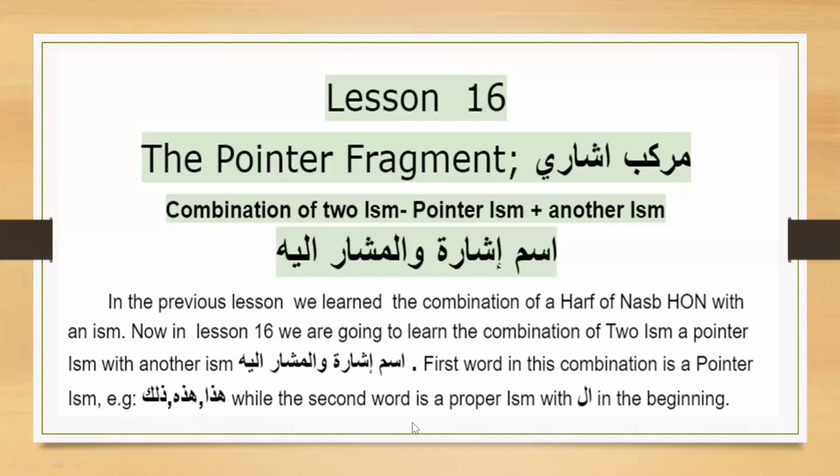While the second word in this combination is a proper ism with al in the beginning, always with al in the beginning. If this is a pointer fragment, then the first one is a pointer ism, and the second one is a proper ism with al in the beginning.